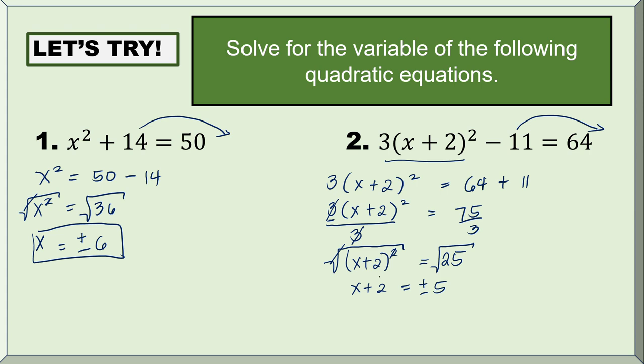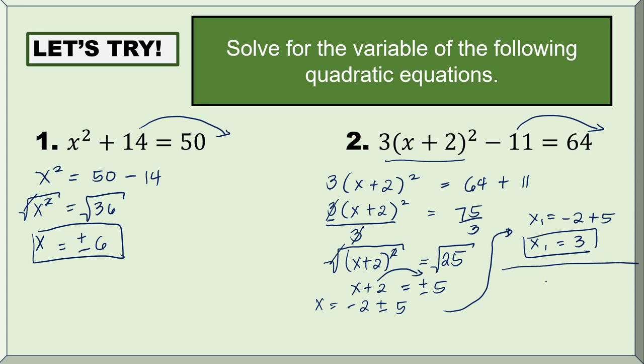And then, to solve for x, we need to transpose positive 2 to the other side. So we have here x equals negative 2 plus minus 5. Since we have here two signs, or we have the positive and negative value of 5, we need to separate the solution. Okay, so for x sub 1, we have negative 2 plus 5, and that is equal to positive 3.